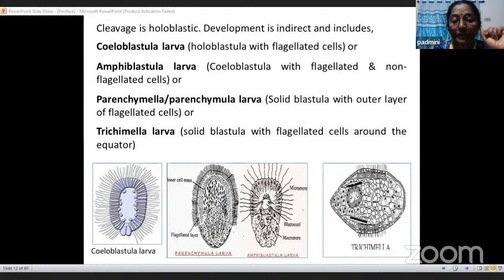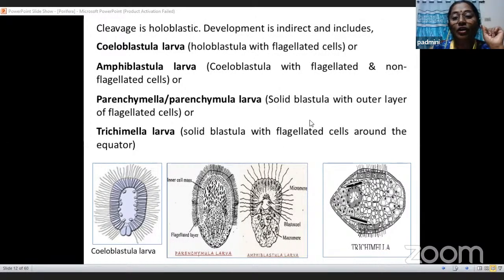At the bottom, it has large cells called the macromere cells, and a central blastocoel inside. Amphi, both: it has both micro and macro cells. So that is called amphiblastula larva.